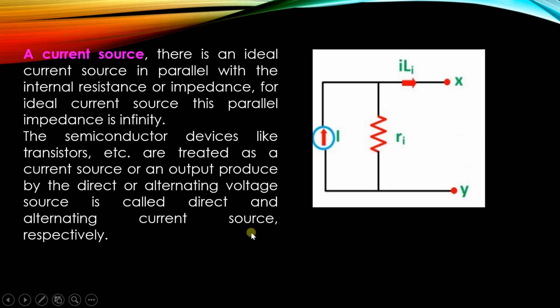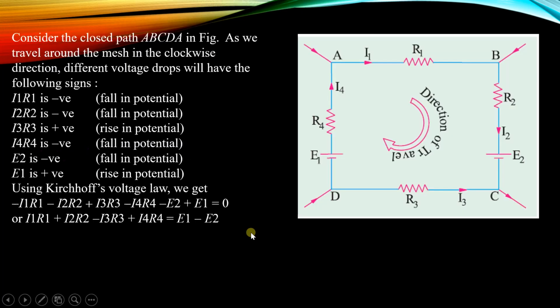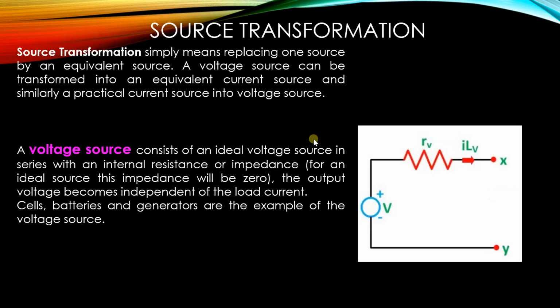So this is the example where we explain how we consider the fall in potential or rise in potential, and where we consider the positive sign and where we consider the negative sign for the voltage drops.